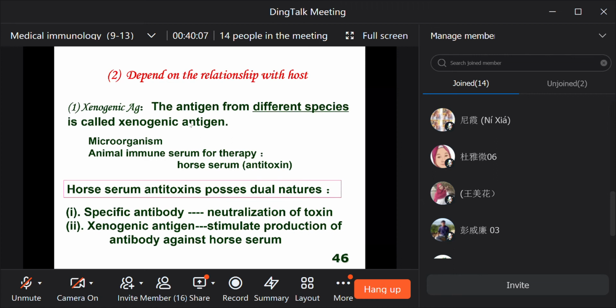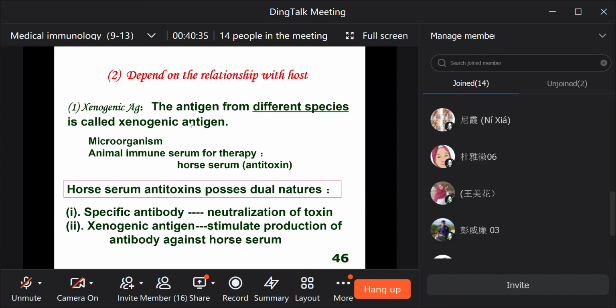And on the other side, the classification of antigens also depends on the relationship with the host. Here we give several special terms, such as the exogenic antigen.